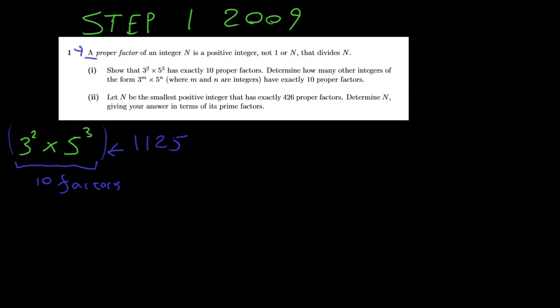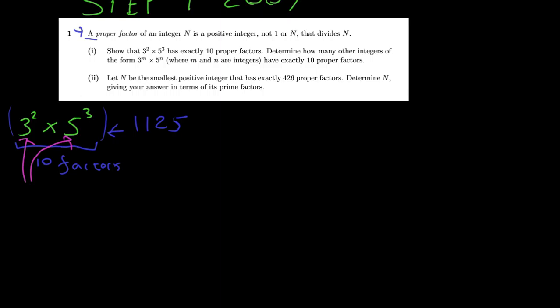Well, we have two groups of numbers to choose from. You either have powers of 3 or powers of 5. So what powers of 3 can you have? You can have either 3 to the 0, or 3 to the 1, or 3 squared.